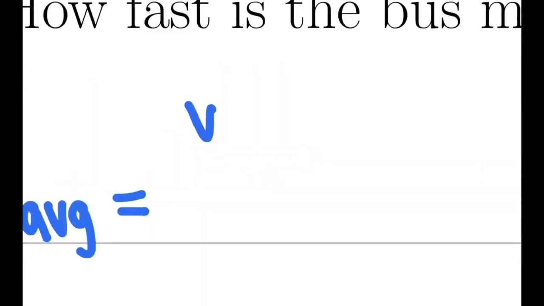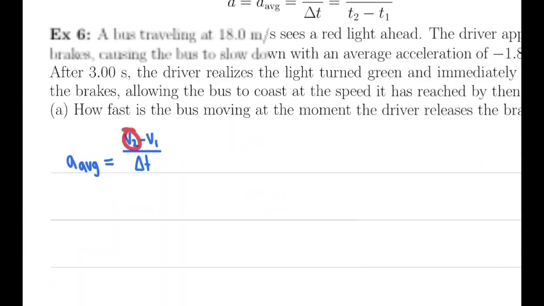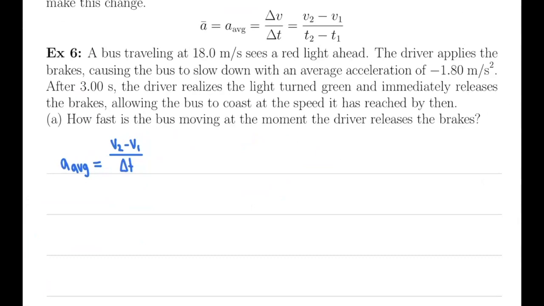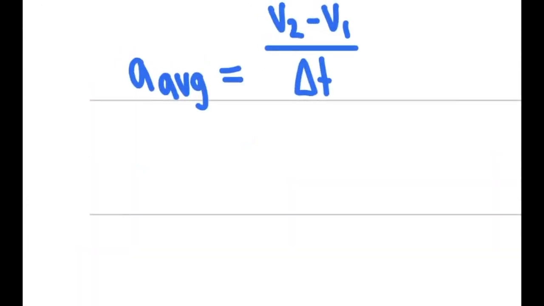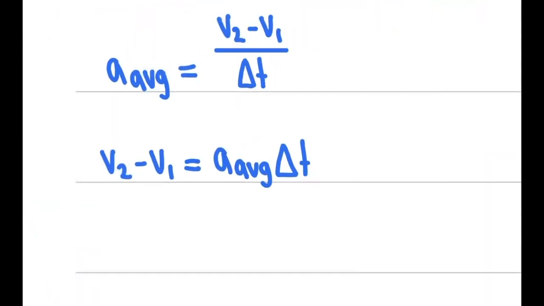Average acceleration is v2 minus v1 divided by the change in time. And we want v2. How fast is the bus moving when the driver releases the brakes? So let's rearrange. I'm going to multiply both sides by delta t, and I'll get v2 minus v1 is average acceleration times delta t. And we want v2, so I'm going to add v1 to both sides.